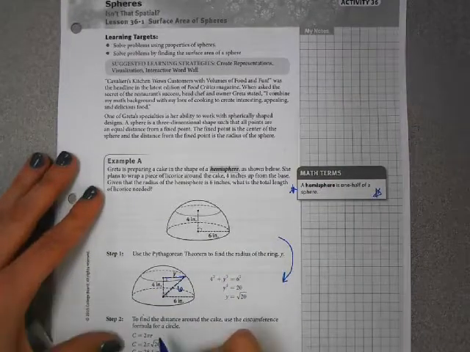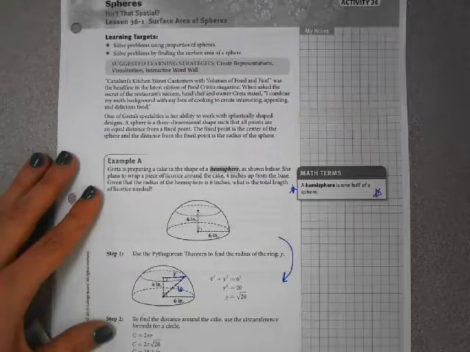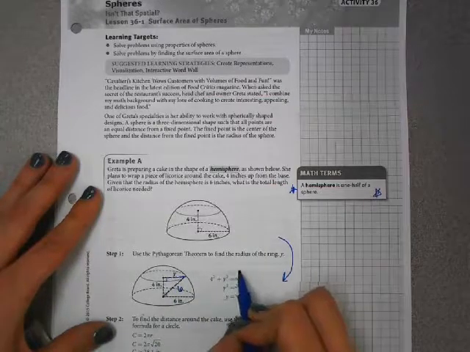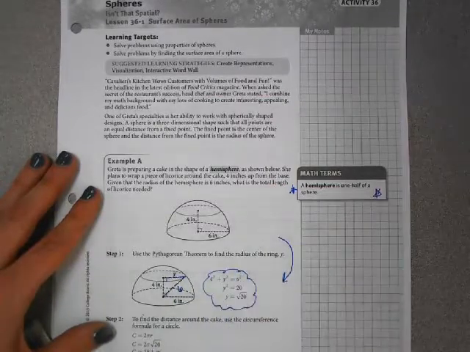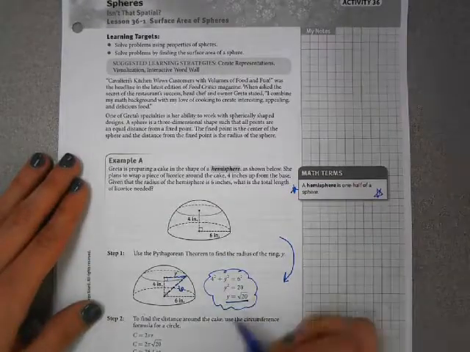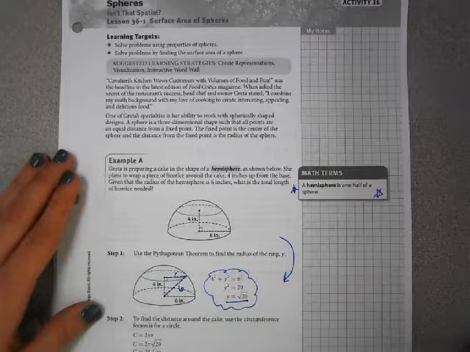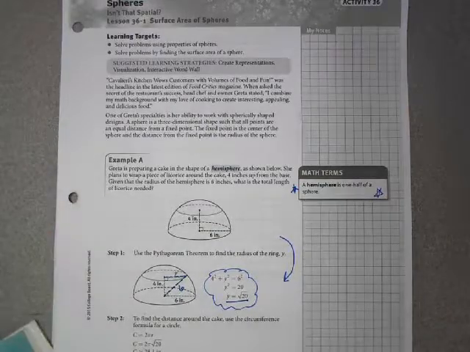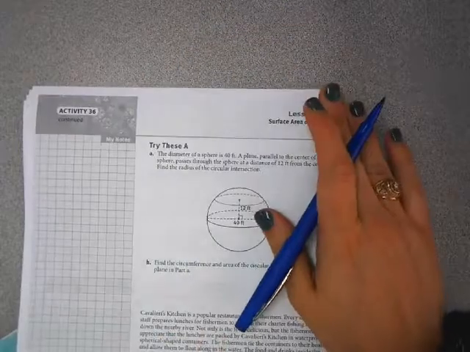So that is how they solved this here. So we found y through the Pythagorean theorem. And then once we had y, we're able to come down here and find the circumference of our smaller circle, okay?